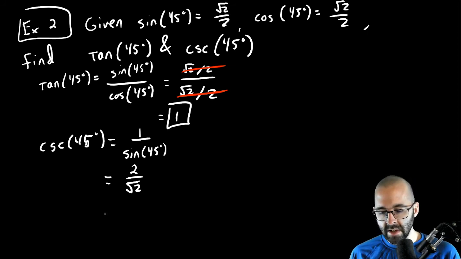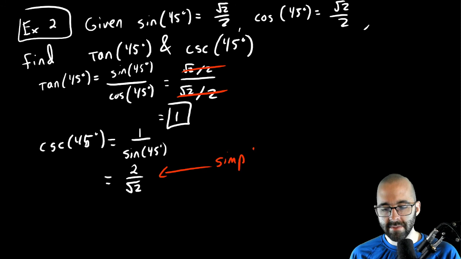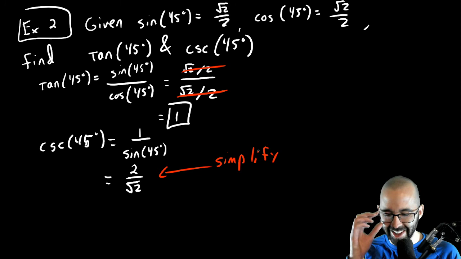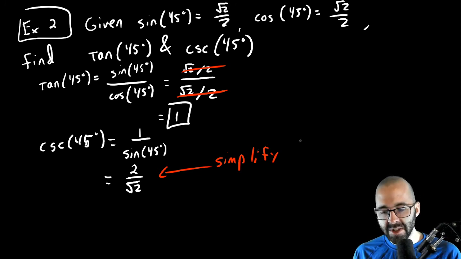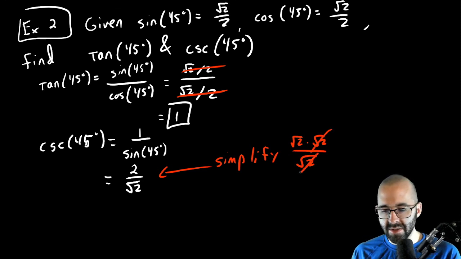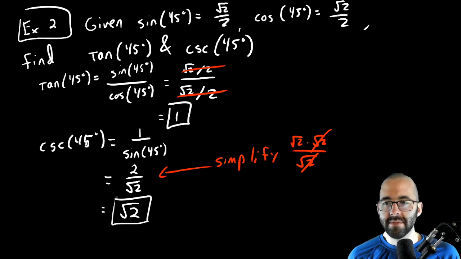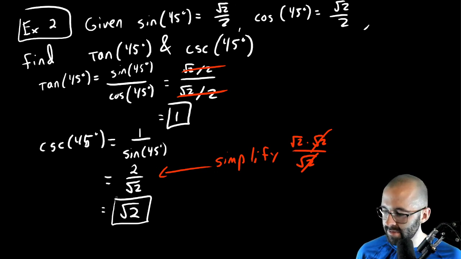Okay? All right, this can simplify. Because 2 is just the square root of 2 times the square root of 2. But one of the square roots of 2 is going to cancel. And we just have the square root of 2 right here. There we go. We're done.